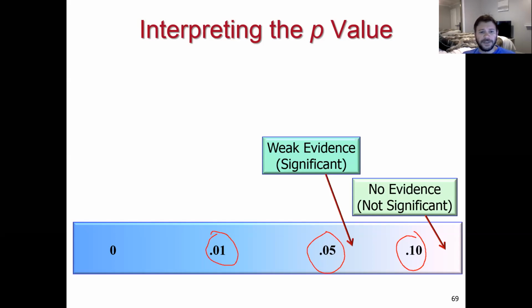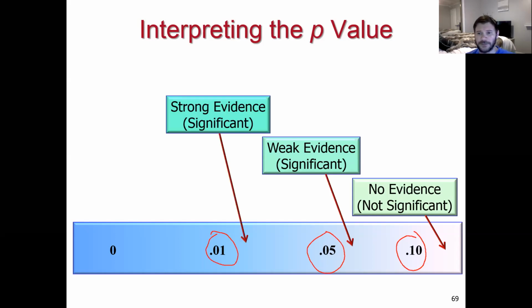If we had a p-value that falls in between 1% and 5%, that means we would be able to reject the null hypothesis at both the 10% and 5% levels of significance, but we would not be able to reject it at the 1% level yet. The evidence is not quite that strong to reject it at the 1% level, but it is definitely stronger than if it was falling in between 5% and 10%.